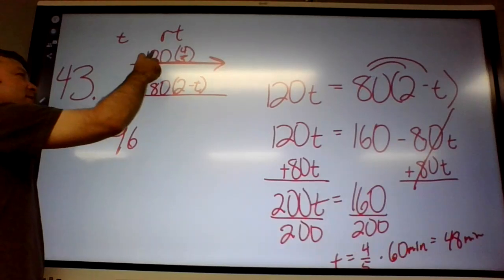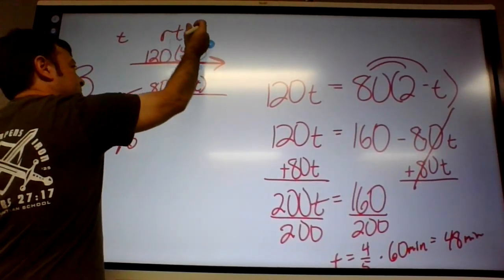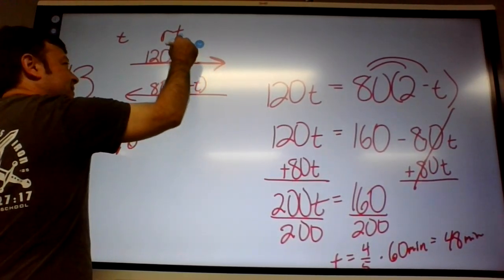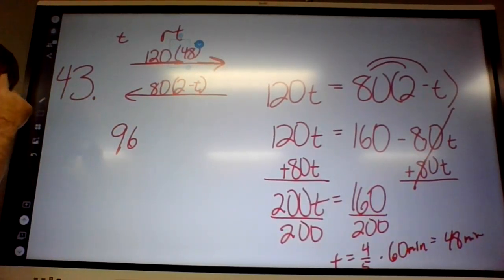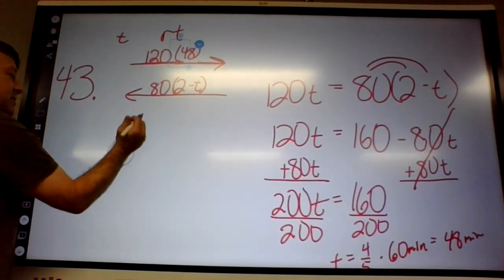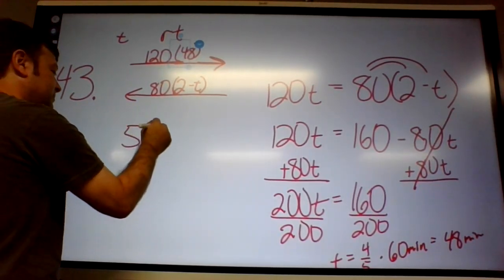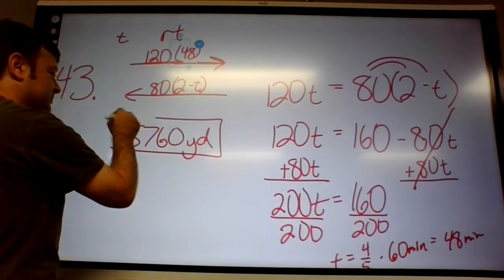Okay, the rate is in yards per minute, so we actually would need the minutes on this. Sorry about that. So we actually would need the 48. Okay, so it comes out much larger, 5,760 yards. That was a toughie.